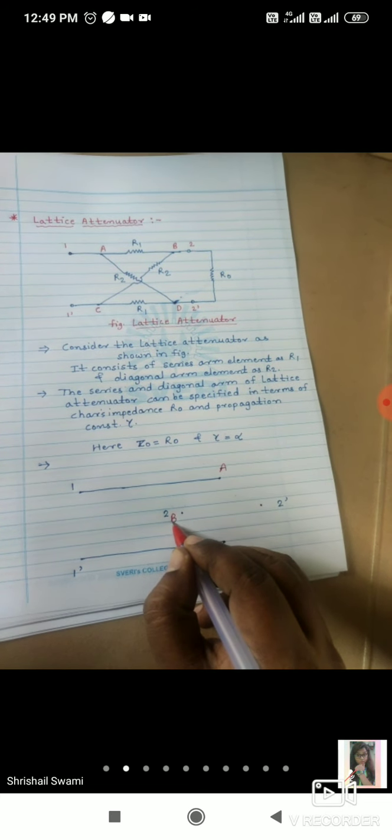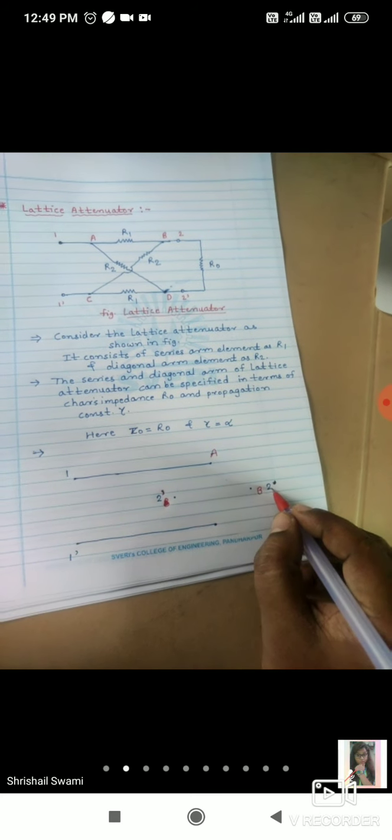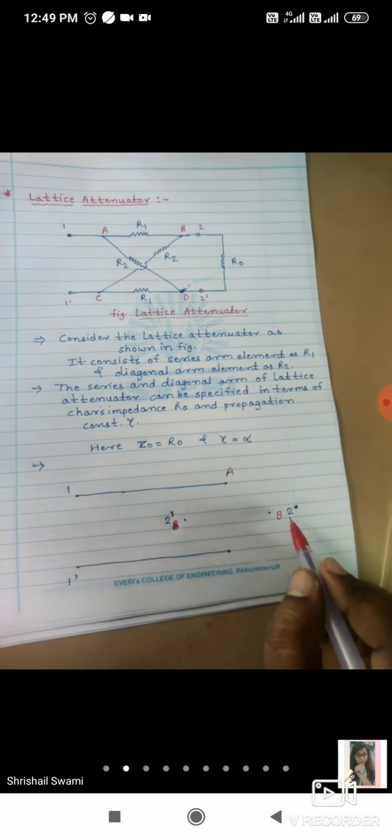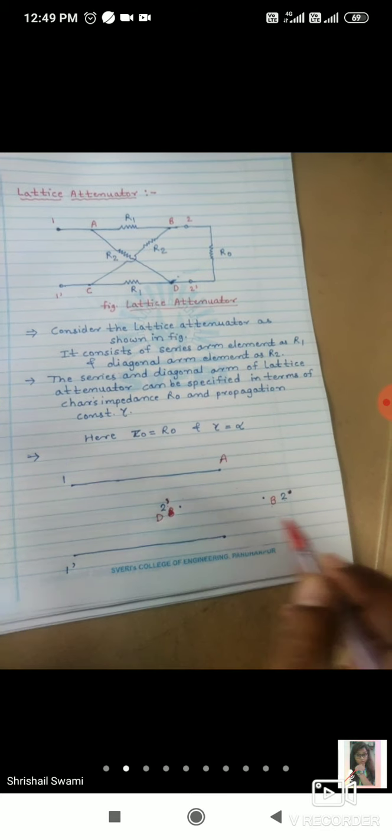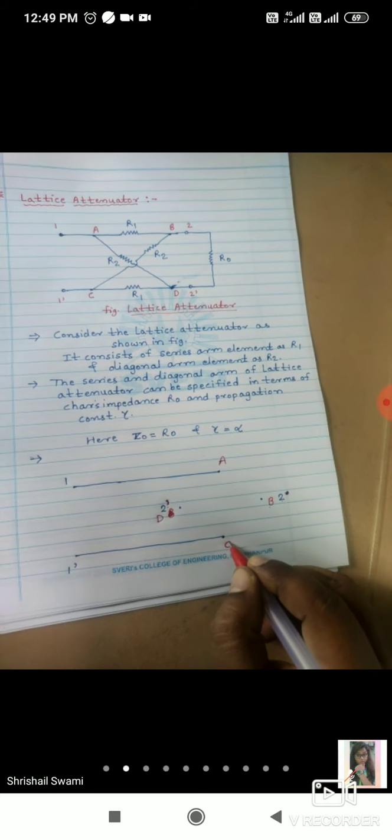So this will be point A, and this will be considered as B. Here is 2 and here is 2 dash. So at 2 there will be B, and at 2 dash there will be D, and this we can consider as point C.